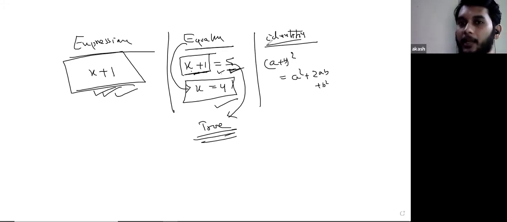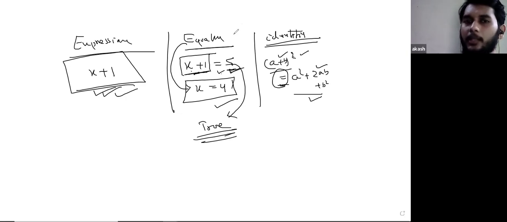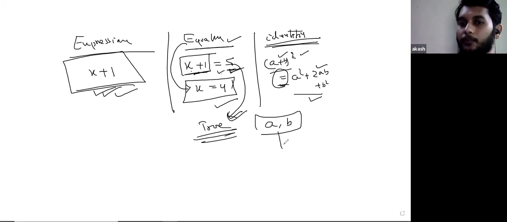Now, why is this called an identity? Because in this identity, we have an equation and two expressions, right? This expression is equal to this expression. Now I told you in an equation, there are specific values of x and y or z you can put so that the equation is true. But in an identity, what happens? No matter what value of a and b you put, it does not matter.